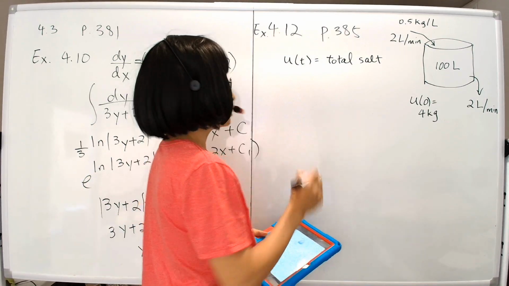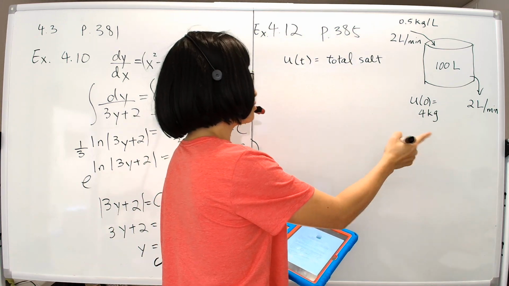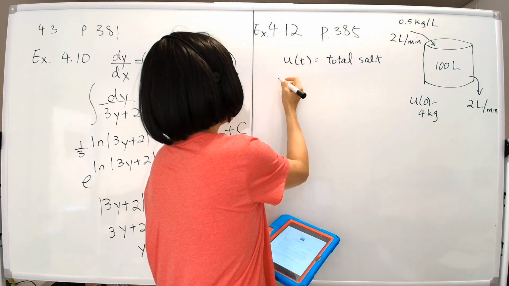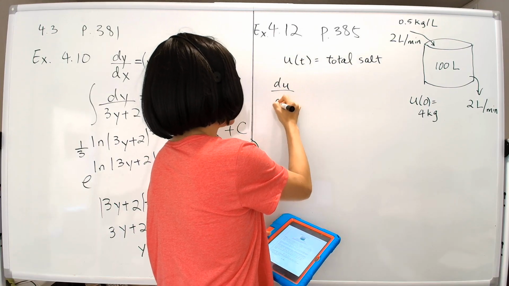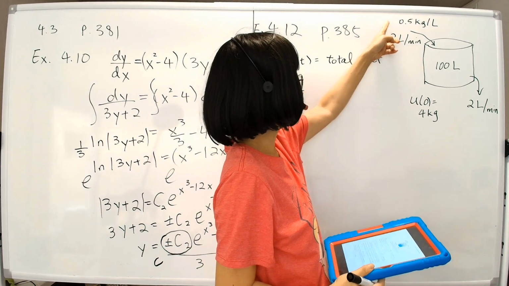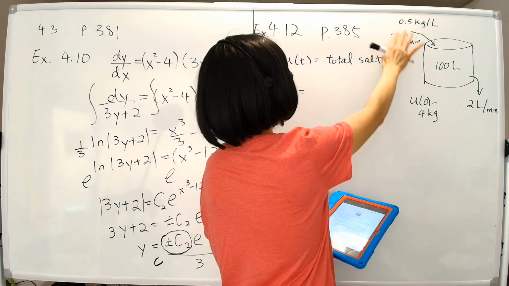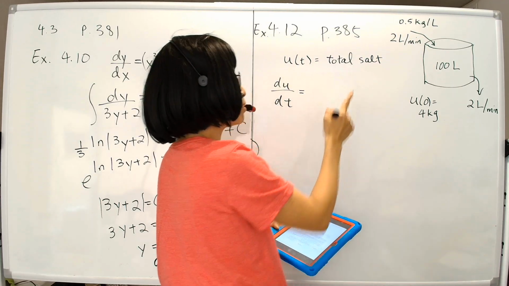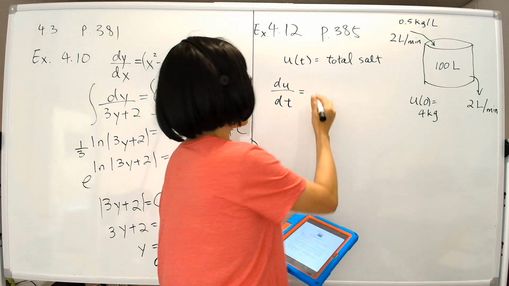The differential equation we are going to use is the rate of change. How is this changing? The rate of change, which is du by dt, is increasing by the salt intake. It's gaining 0.5 kilogram per liter at the rate of 2 liters per minute.